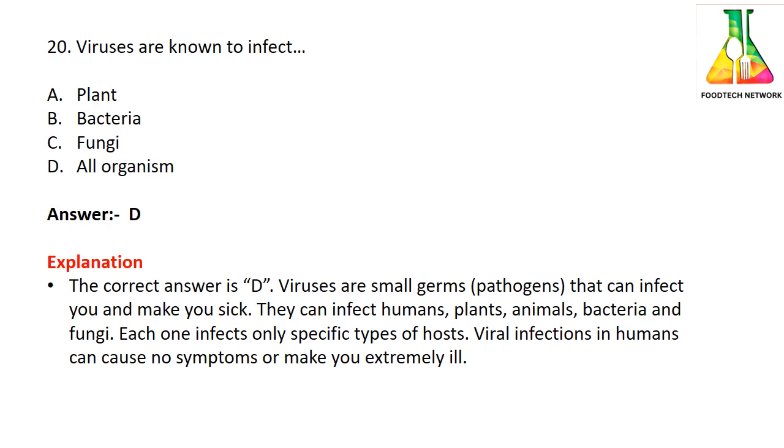They can infect humans, plants, animals, bacteria, and all organisms. Each one infects only a specific type of host, and viral infection in humans can cause no symptoms or make you extremely ill.